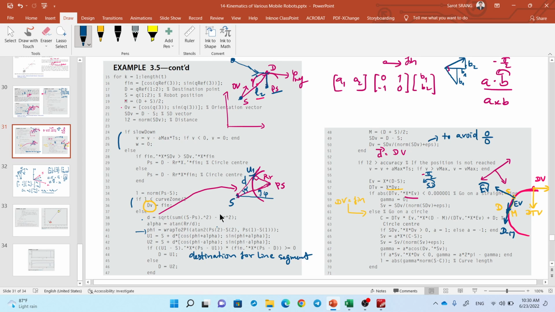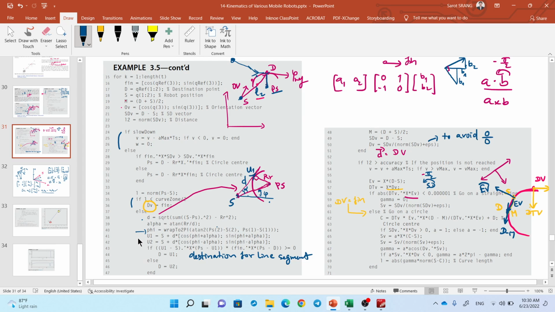So U1 and U2 are just for when the circle is on this side. I mean, if alpha is not added up to phi, but instead the angle of the u vector is defined by phi minus alpha.